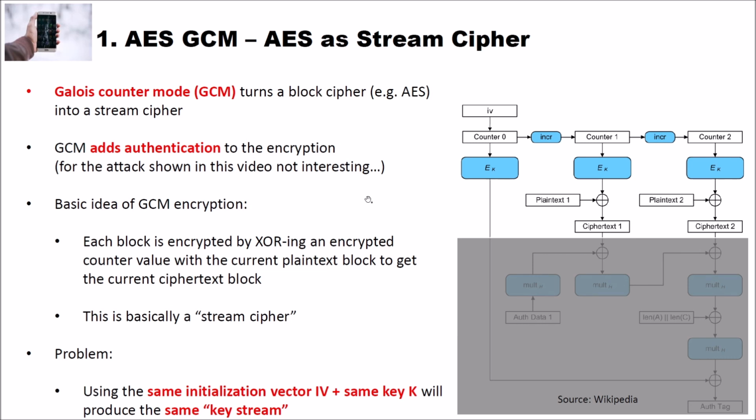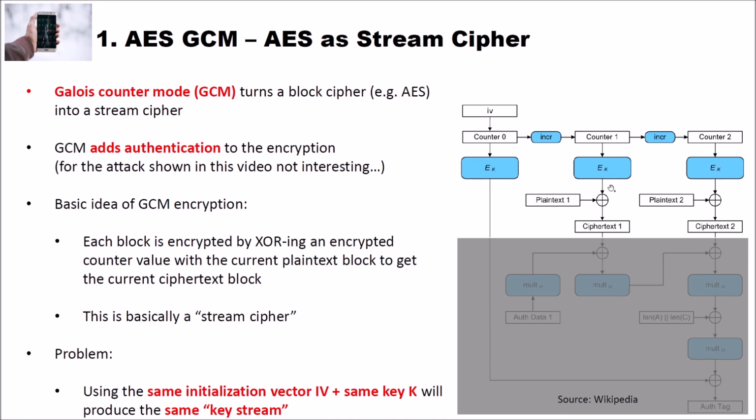So you divide your plaintext into blocks. Then you have a counter. You can see the counter here, counter 0. This is incremented to counter 1, incremented to counter 2. And you go on until you reach as many counter values as the number of blocks you want to encrypt. Then you encrypt each of these counter values using the block cipher, in our case AES.